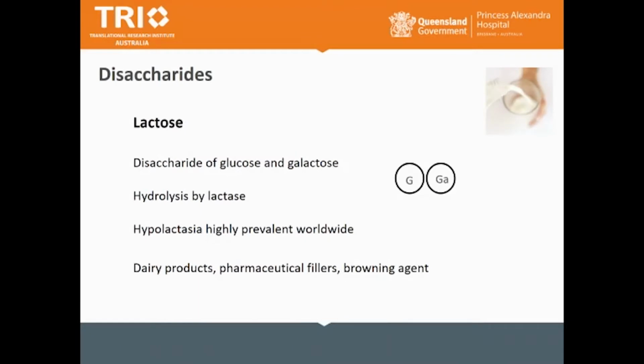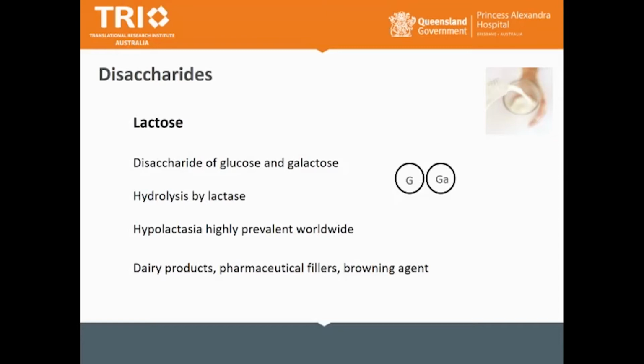The disaccharide that is important when we're thinking about the low FODMAP diet is lactose. Of course, we're all familiar with this term lactose. It's the main sugar in dairy products. It's a disaccharide of glucose and galactose. We can hydrolyse this disaccharide by lactase, which is the enzyme in the small intestine that can break this into two monosaccharides, and then those monosaccharides are absorbed quite nicely into the bloodstream.